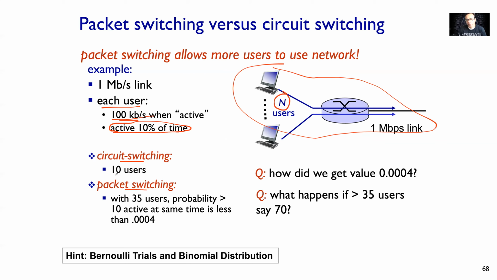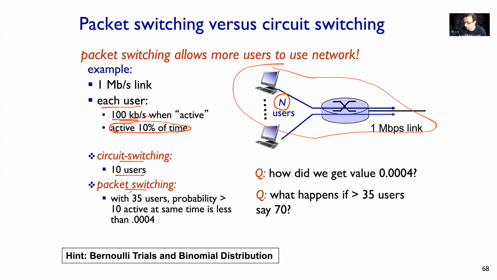So with circuit switching, determining n is fairly straightforward, because if each user needs 100 kilobits and the capacity is 1 megabit, 1 mega divided by 100 kilo gives us 10 users, right? Hopefully that's clear enough. If not, ask me a question on that.